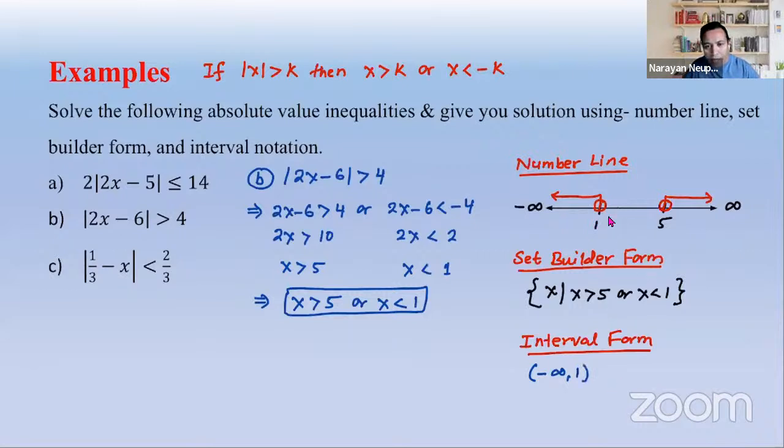Similarly, our answer is not here in the middle, but our answer is here again, from 5 up to infinity. There is a second interval, from 5 up to infinity. So you'll write that, from 5 up to infinity. And as I said, at infinity, we always put parenthesis. At 5, this 5 is not included.